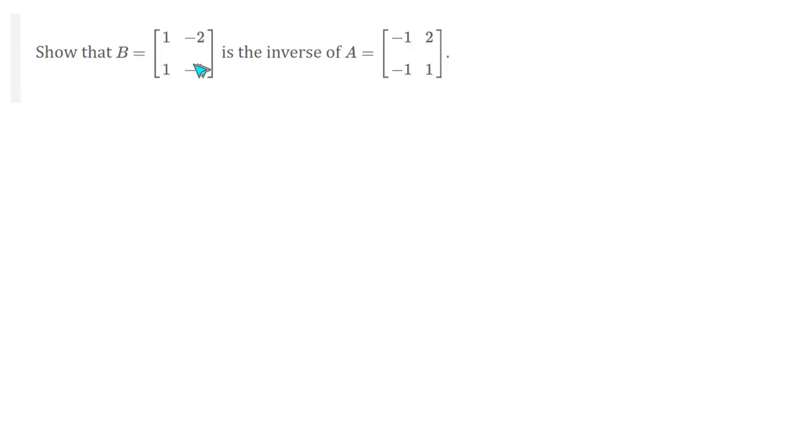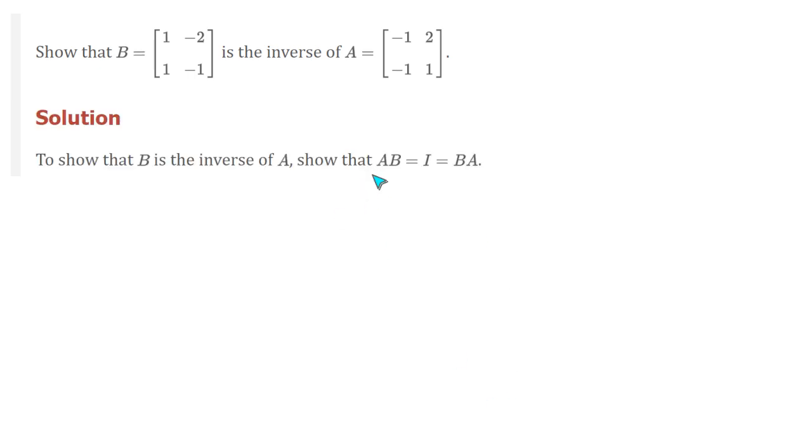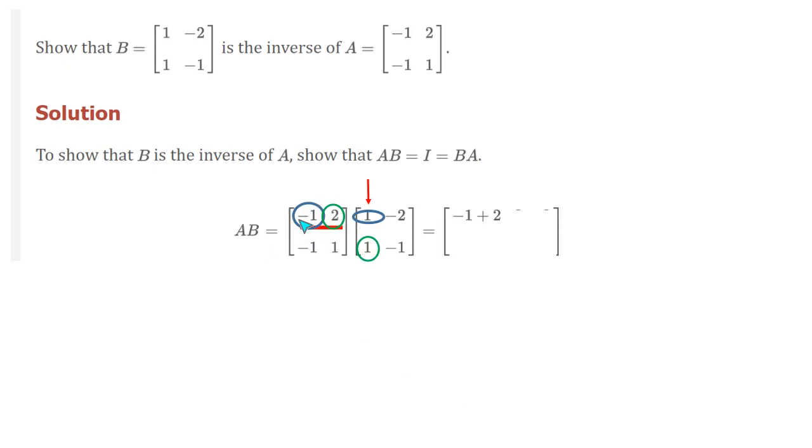So it says show that B is the inverse of A. If they're inverses, if we multiply these together, A times B, I should get the identity matrix. Or if I flip it around, B times A should also give me the identity matrix. Okay, so if we multiply -1 times 1, and then 2 times 1, we get -1 plus 2, which is 1.